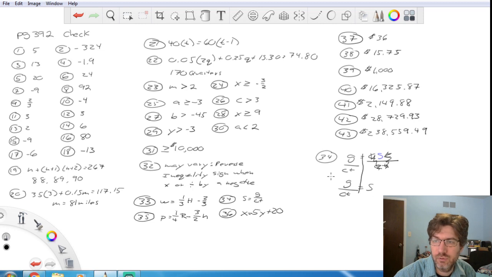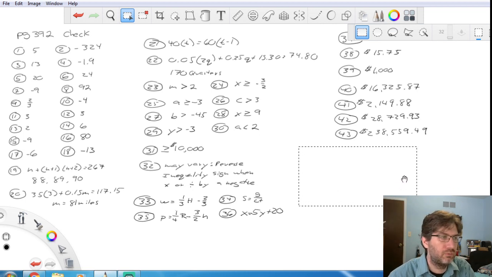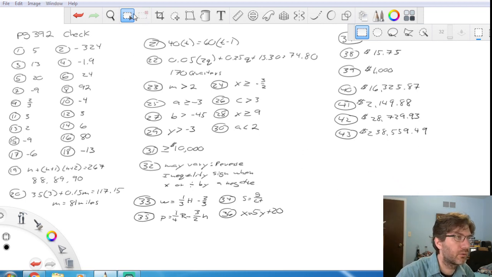And the one that we're supposed to solve for is the variable indicated in red. Okay, we can do a couple of those. Let's see. I don't have much room to write on here, but I just did 34 with you.